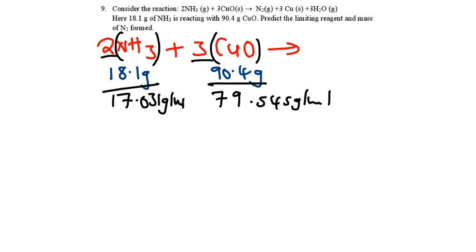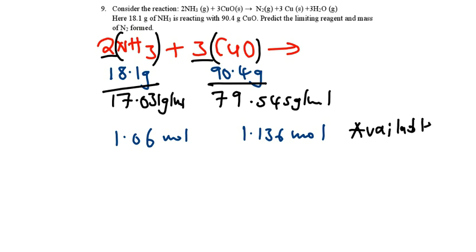So let's find the number of moles now. For the first one, the value is approximately 1.06 moles. For copper(II) oxide, the value is approximately 1.136 moles. This is what is available, and take note, these are the number of moles available. Now let's use the ratios that we have in the equation.